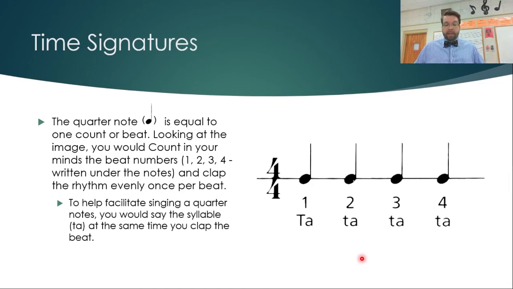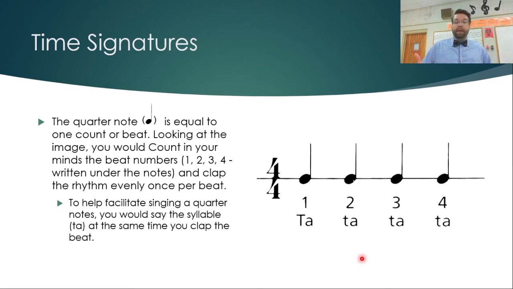We would say that syllable and sing that pitch each time, reiterating that pitch on the beat. Okay? And you would clap and count it just like this. If you were to count with the beat numbers, you would count it as 1, 2, 3, 4.